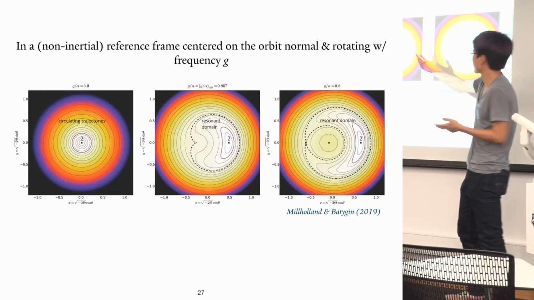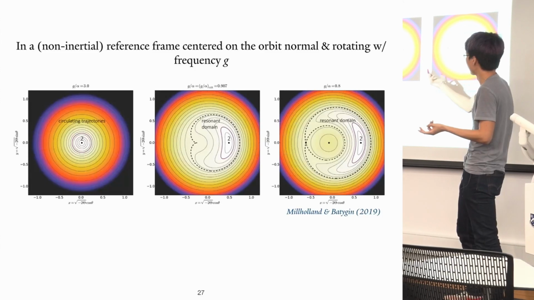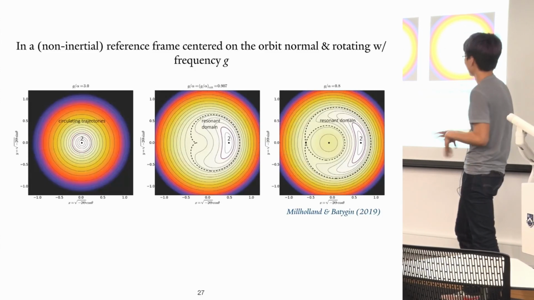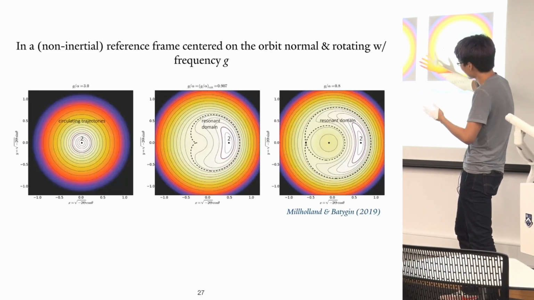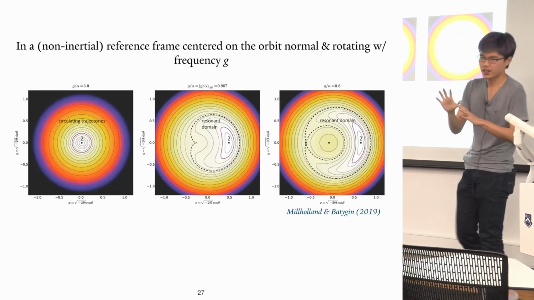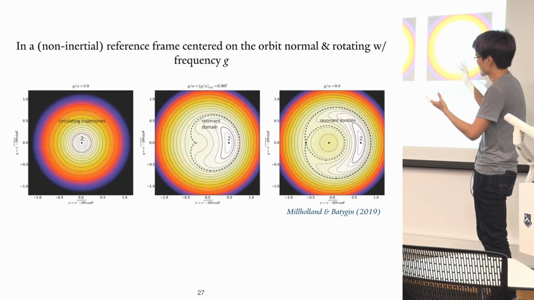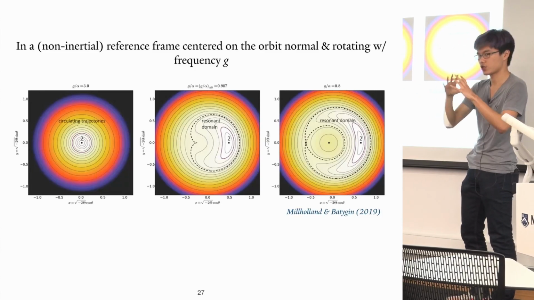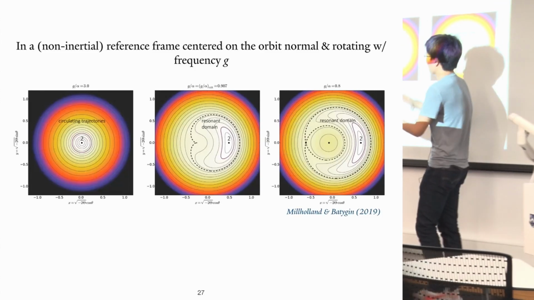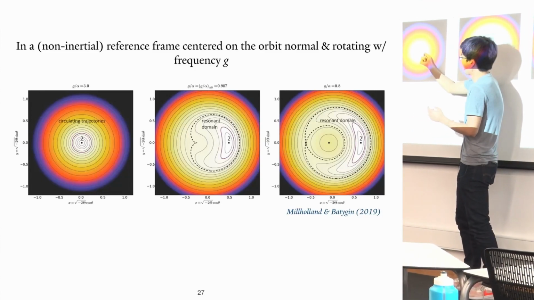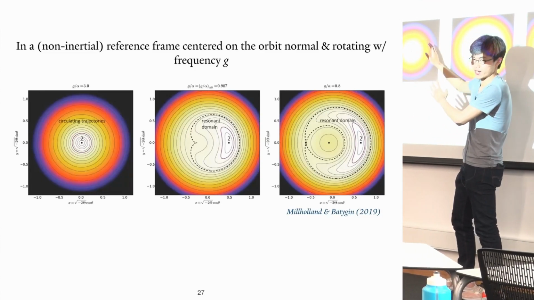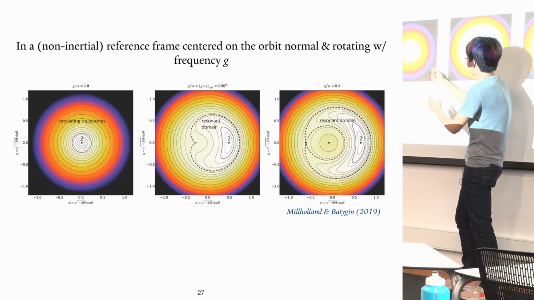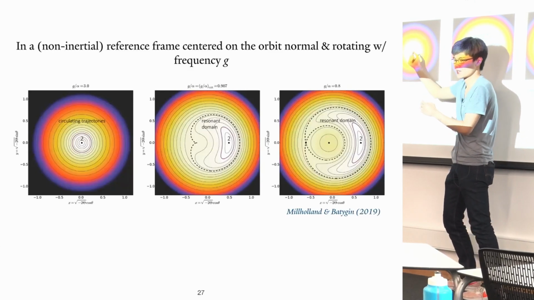But when you get closer to this critical alpha over g equals 1, you start to see some interesting behavior. And it turns out this is the process of resonance capture, because if the ratio alpha over g evolves slowly enough, as these gray curves change, your spin vector is going to stay on the same curve.